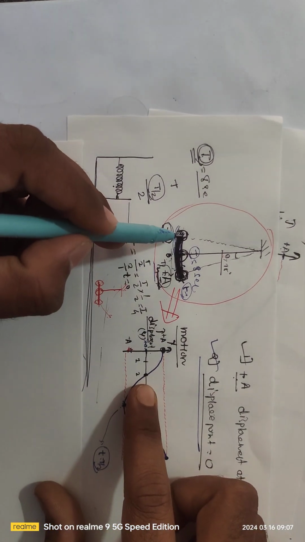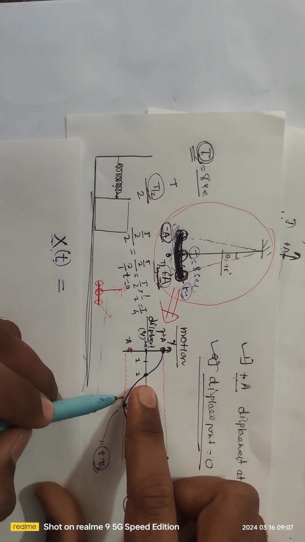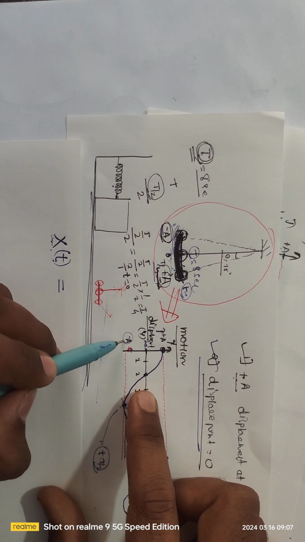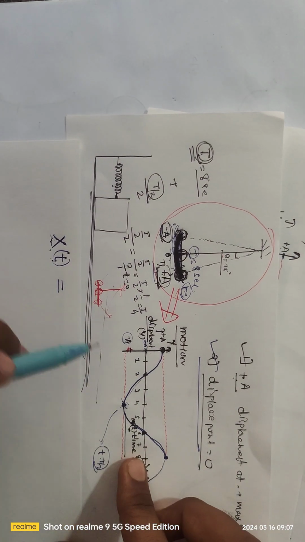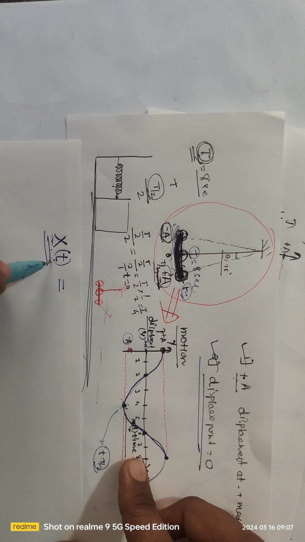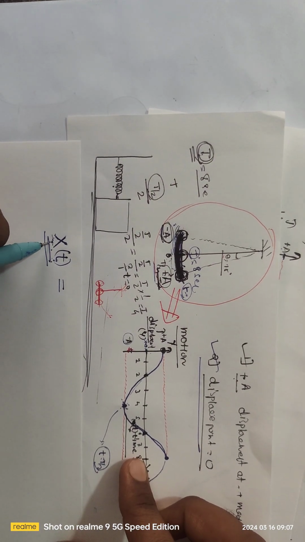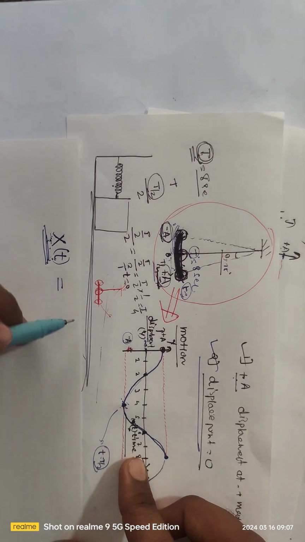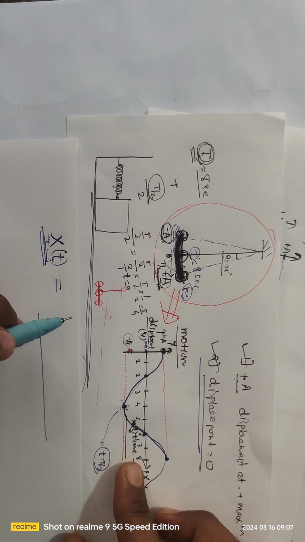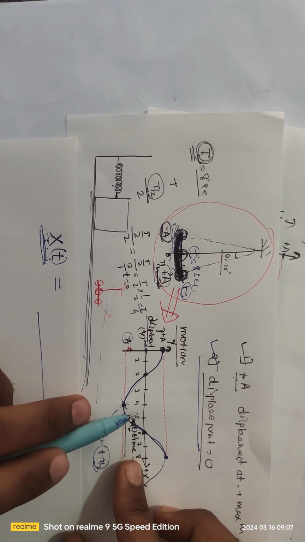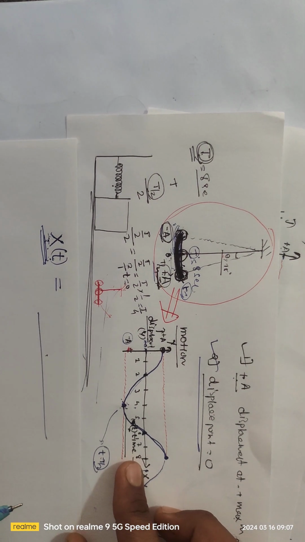After 2 seconds, it will be at the extreme value but in the opposite direction. So this is the experimental, linear representation. Now on the right hand side, I want to write down this graphical representation in mathematical form.